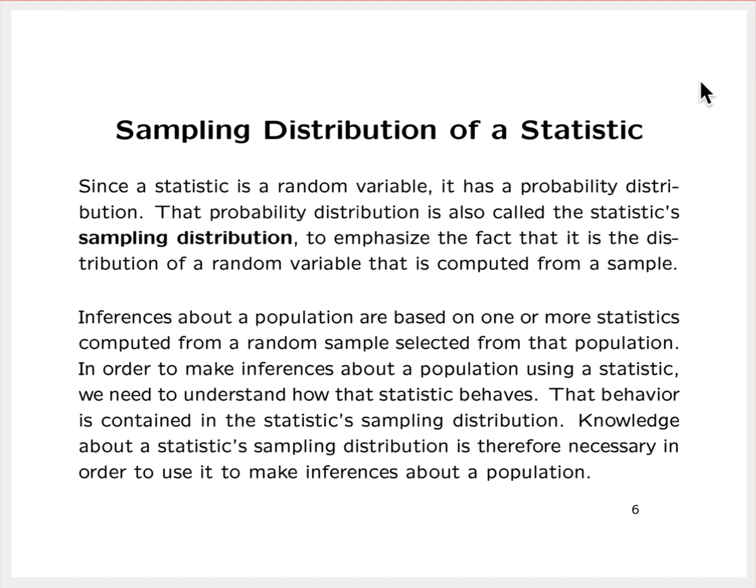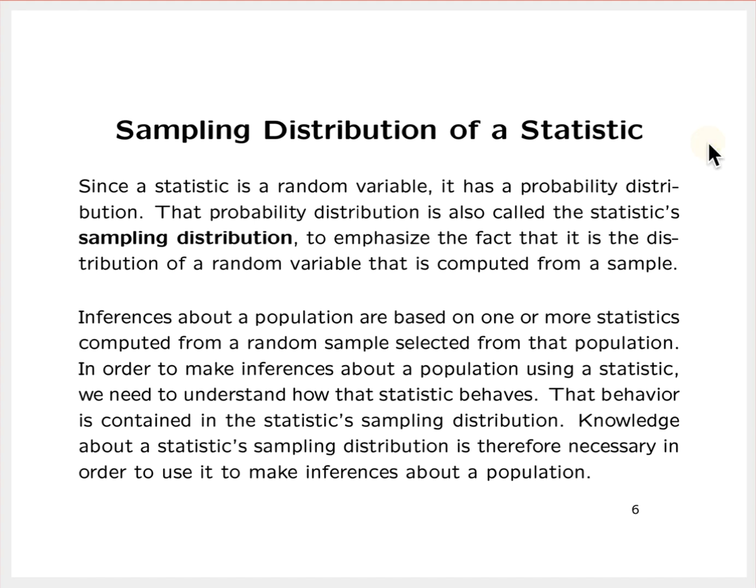And that behavior is contained in the statistic's sampling distribution. In particular, the probabilistic behavior of the statistic is encapsulated within that sampling distribution. So knowledge about a statistic's sampling distribution is necessary in order to use it to make inferences about a population.